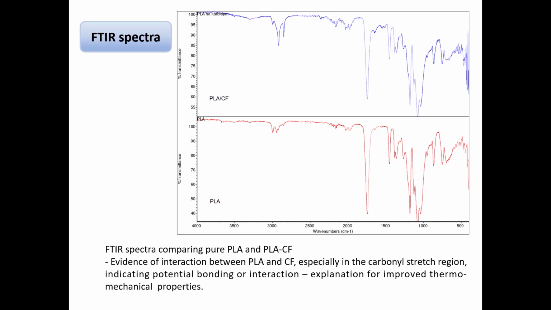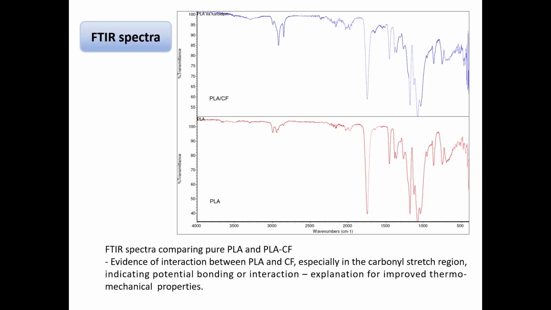In this area, we see similarity between PLA and PLA with carbon fiber particles. But this peak only on the left side means hydroxyl groups, and they are more specific to PLA carbon fibers. But the difference between these two diagrams is in the right column. It shows the influence of carbon fiber particles.